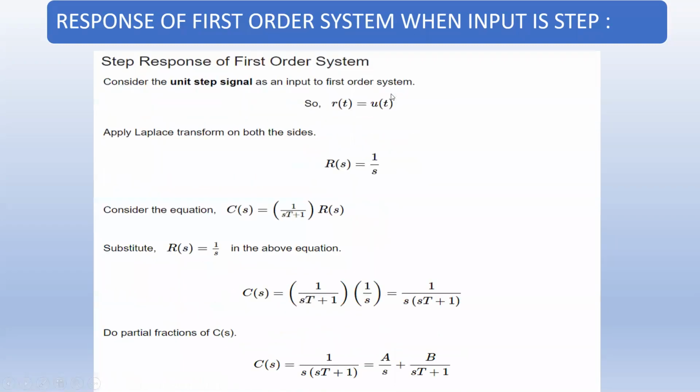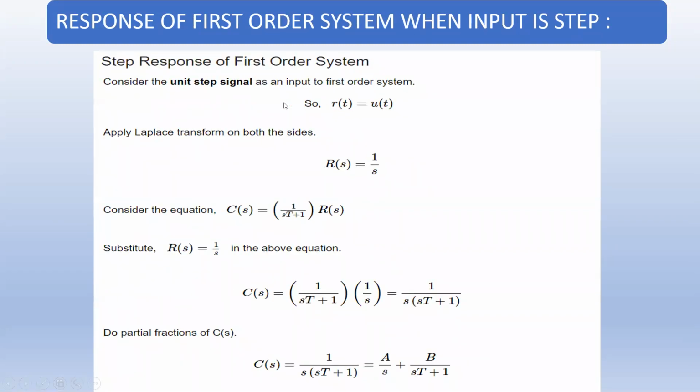If we apply the Laplace transform to this signal, we get 1 by s in the frequency domain, which is the Laplace domain. So we can substitute this R of S in the output equation of the first order system, which we derived in the previous slides. So let us start our session.